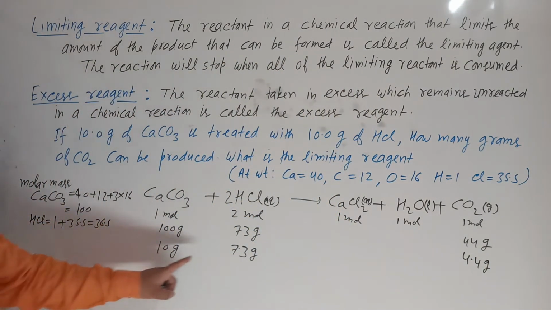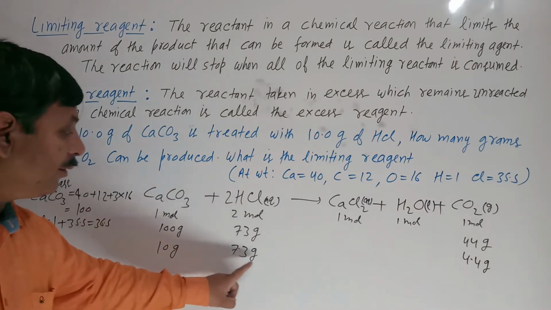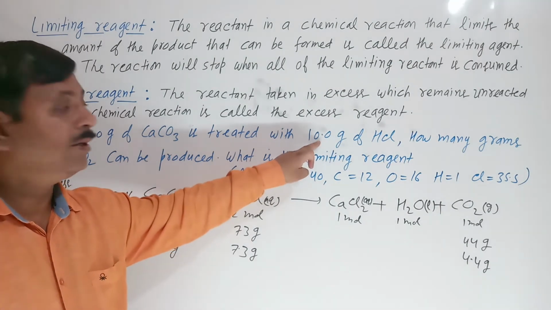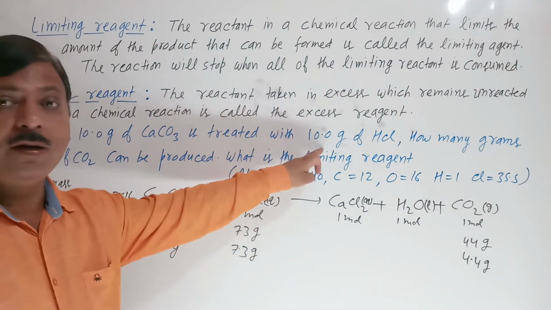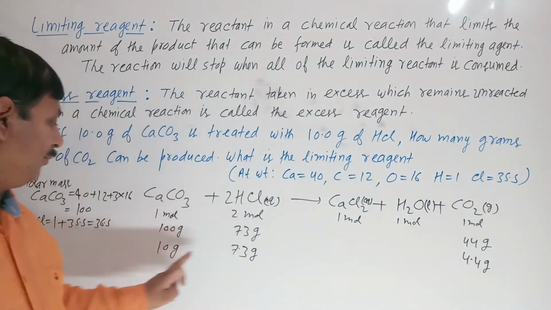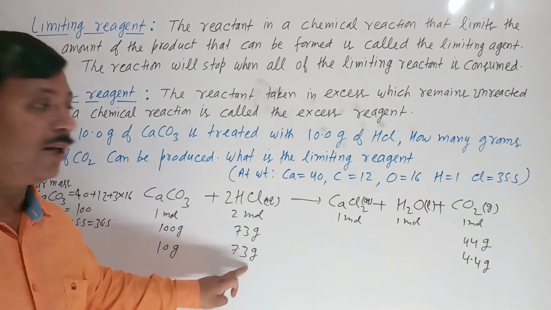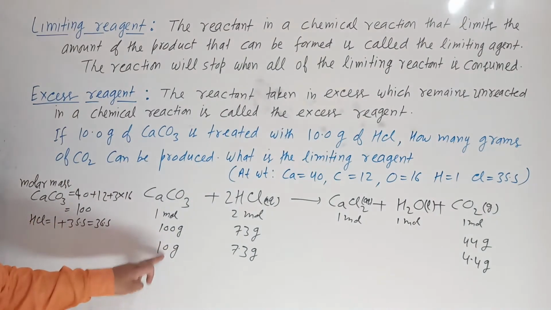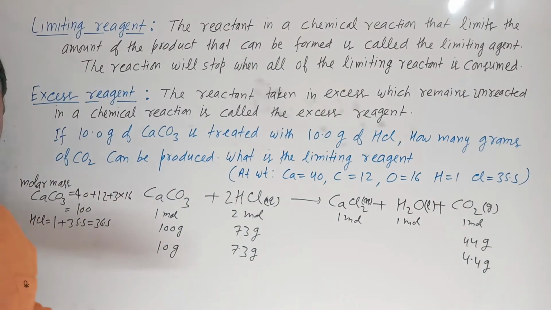So 10 gram requires 7.3 gram of HCl, and here they have given 10 gram of HCl. So this means HCl will be more. 10 gram requires only 7.3 gram, and you have 10 gram. So this means calcium carbonate will be totally consumed.